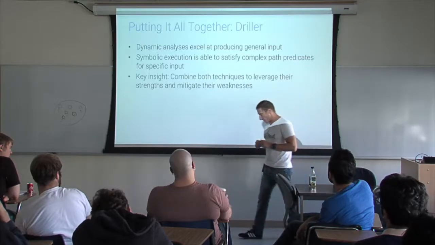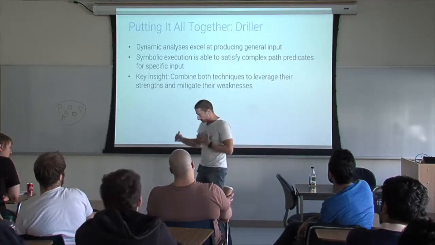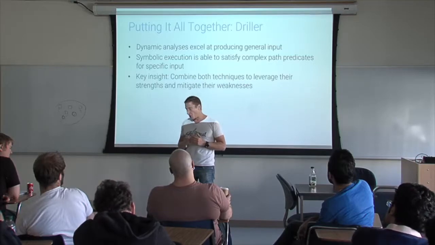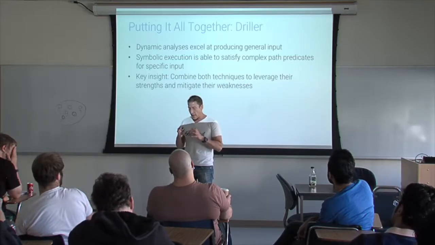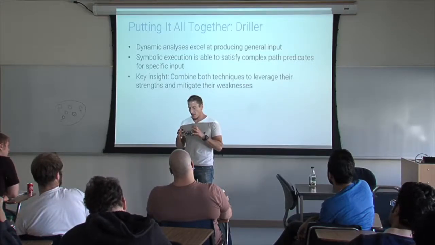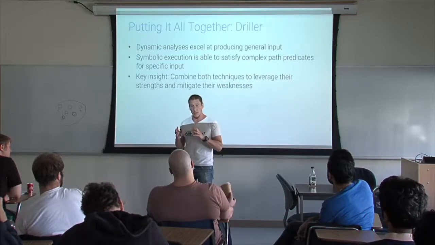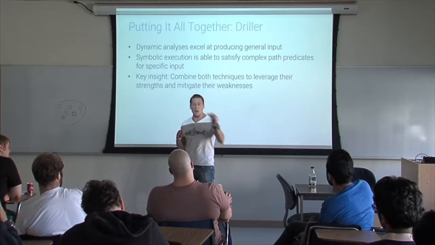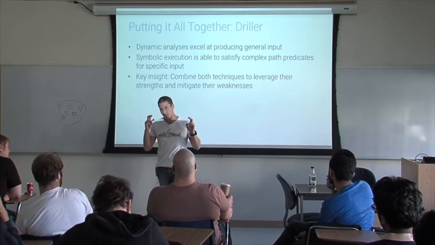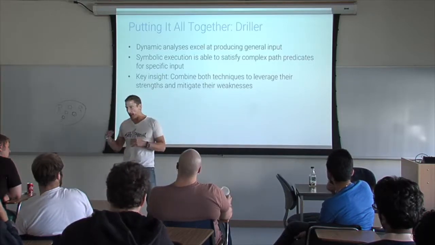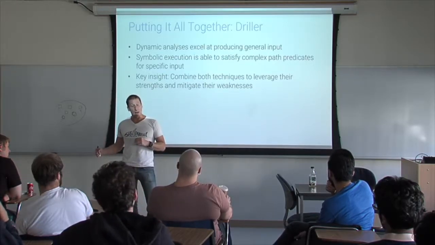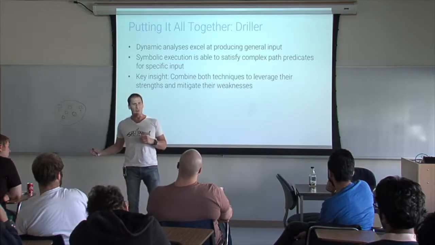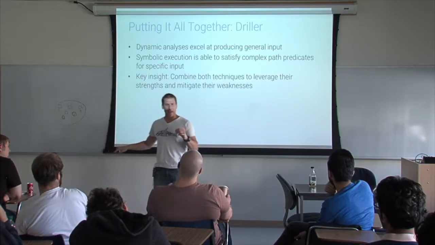For example, and here we go more into research land, you identify areas that are particularly difficult to handle, like loops. You decide to jump over them, almost pretend they're not there, until you get to something that is interesting. And if you get to something interesting, then you go back and say, okay, I want to get there because it's interesting.